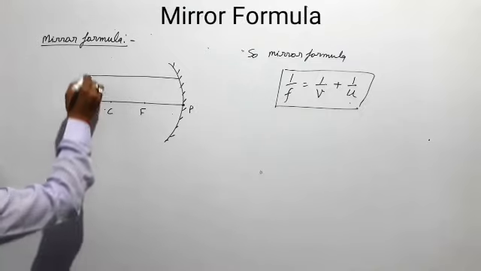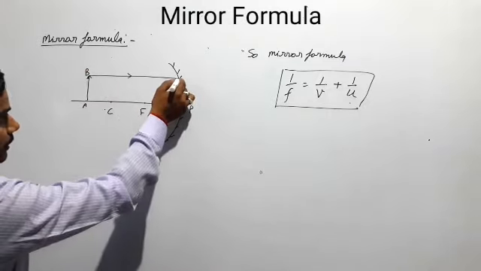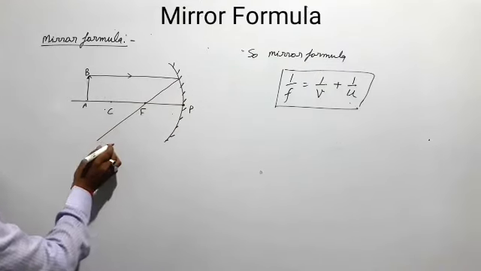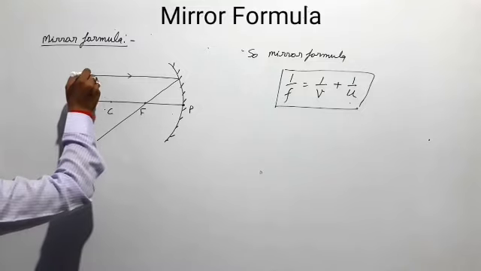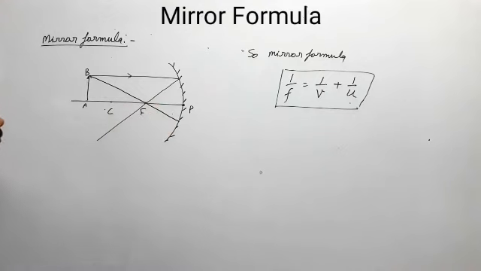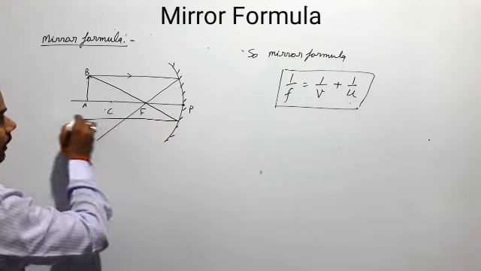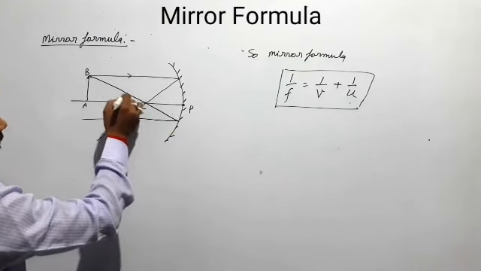This is the object AB, and the light ray parallel to the principal axis passes through the focus of the mirror. Now we will draw the second ray: the light ray passing through the focus will always become parallel to the principal axis, and this is the image of this object.